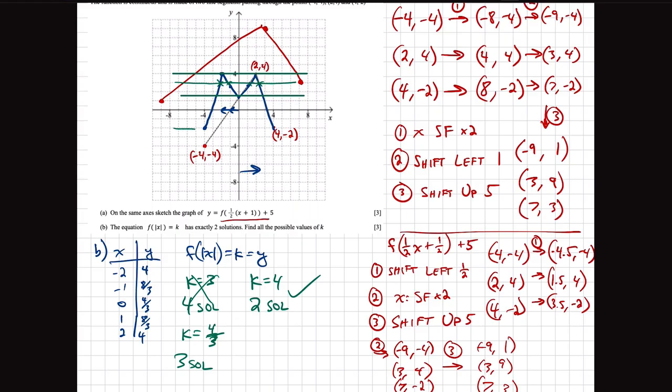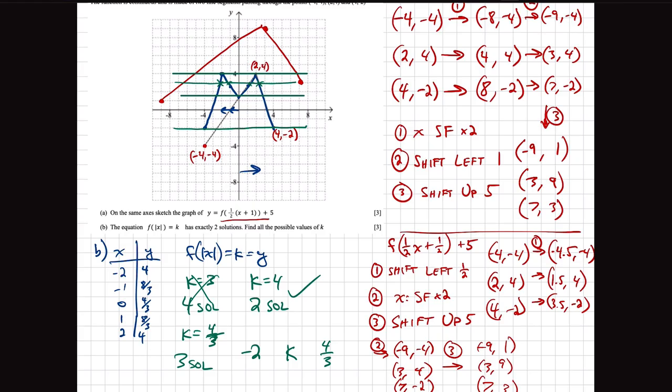So in between -2 and 4/3, can we see that everything in this sort of shaded region here is going to only intersect my graph 2 times. So I'm just going to have 2 solutions. Okay, so between -2, because that is where my graph stops, and 4/3, k can be somewhere in between those 2.